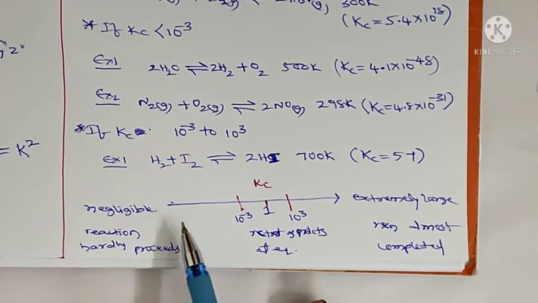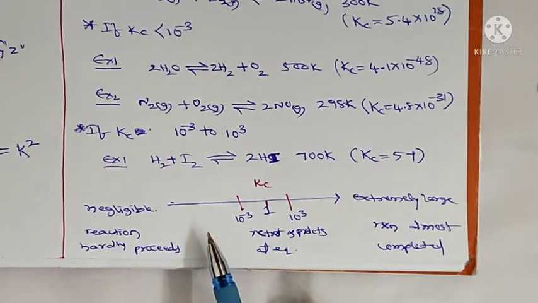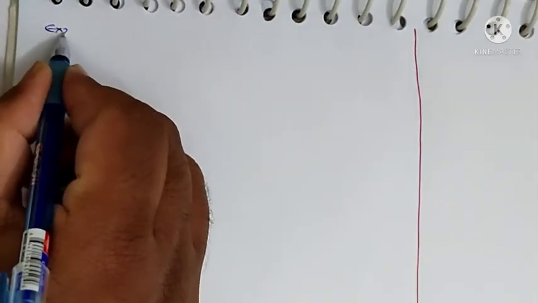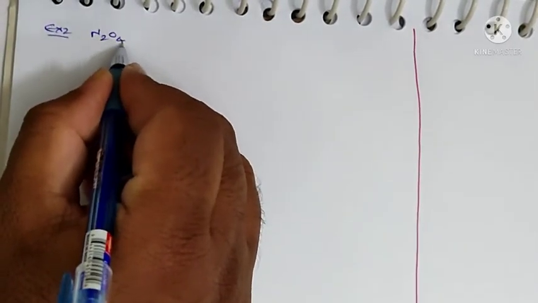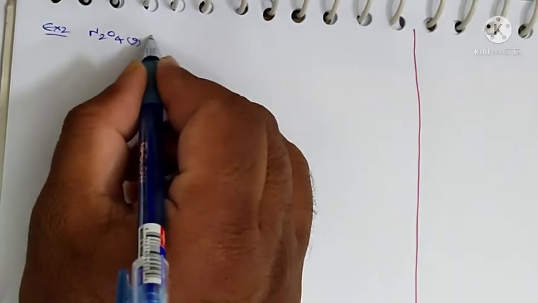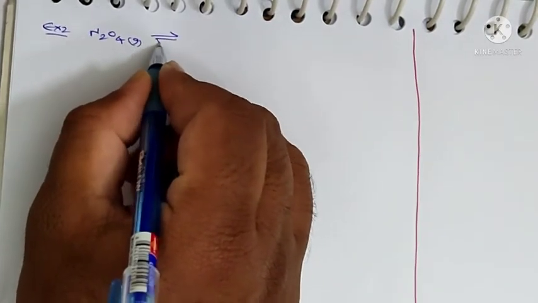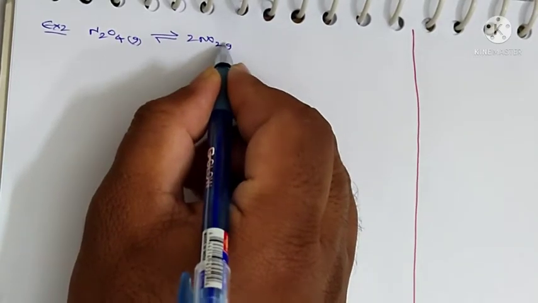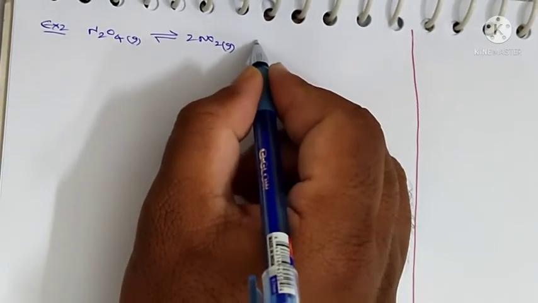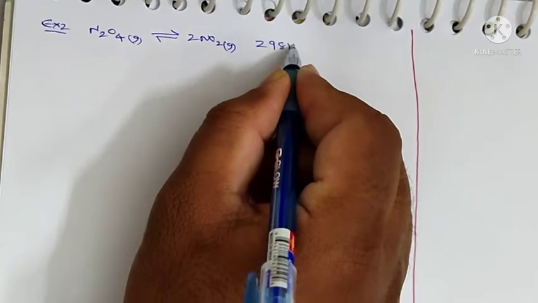And let me take example number 2. N2O4 gas equilibrium 2NO2 gas at 298 Kelvin.